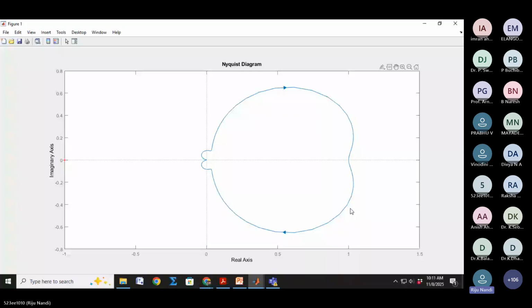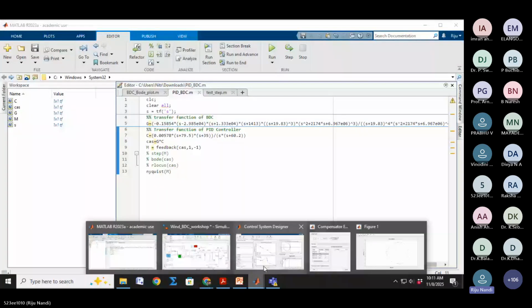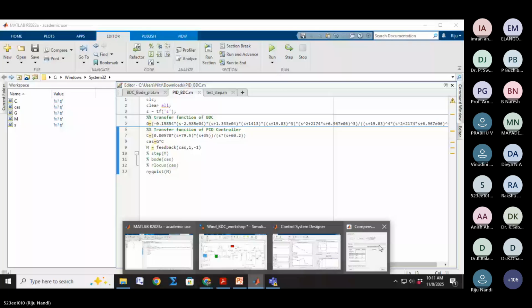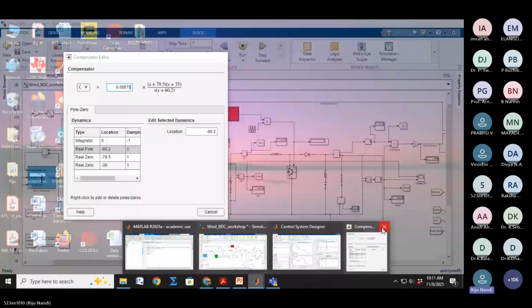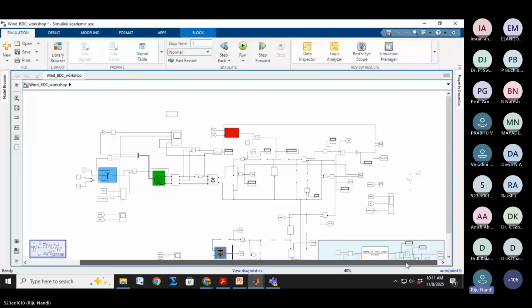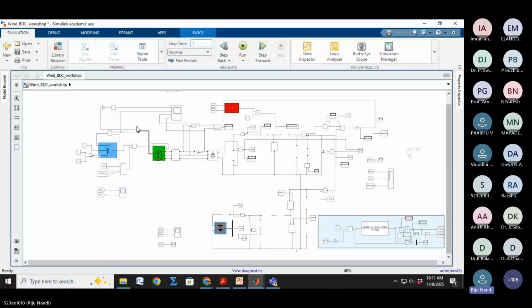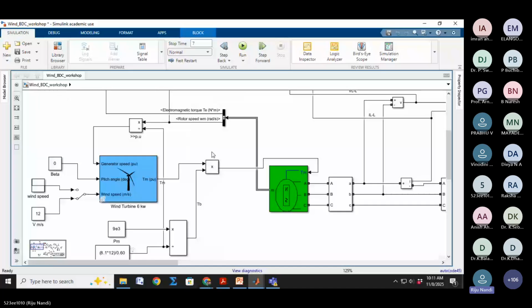This transfer function I'll put in the simulation, and after running you will see a stable output voltage. That is the simulation part. You can see the wind turbine, and that is the PMSG.